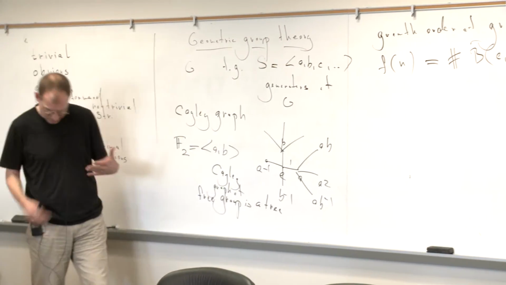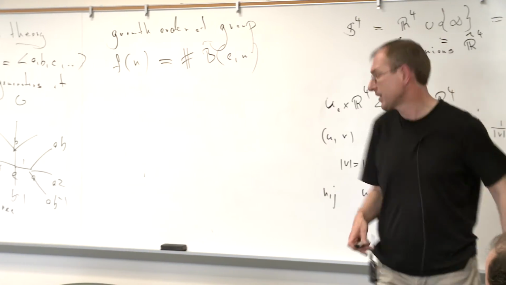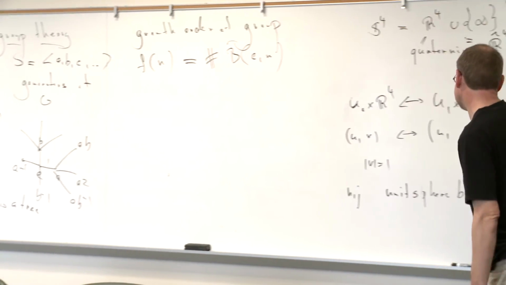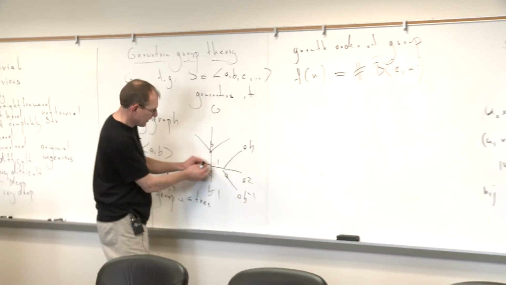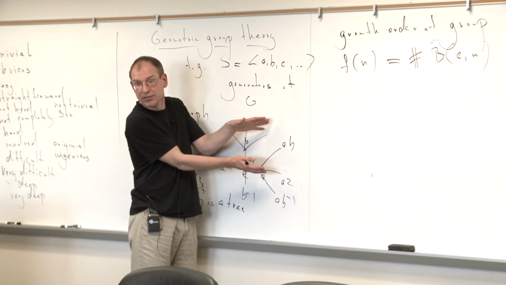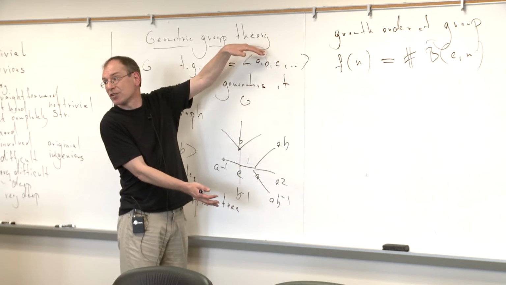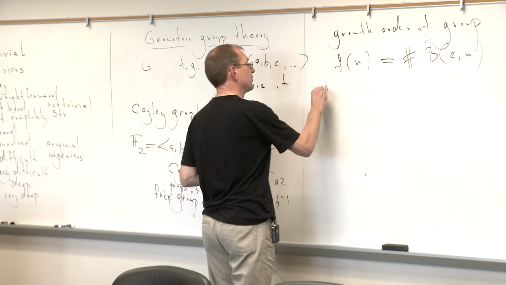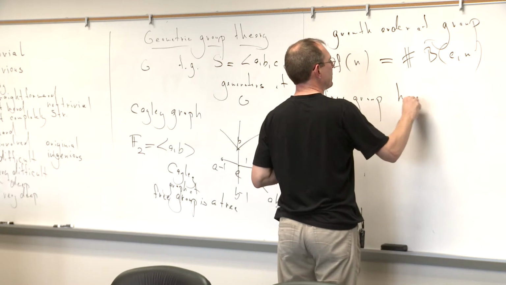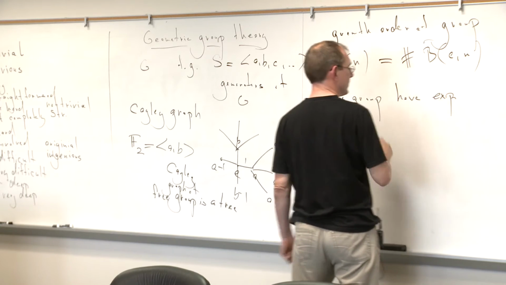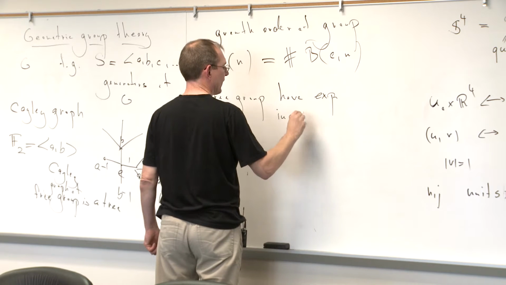So somehow this growth function is an important characteristic of the group. For example, if you have a free group like this, what can you say about this growth function? Well, each step you go, you get 3 times as many vertices. So if you go out, you get some kind of exponential increase. So free groups have exponentially increasing growth functions.